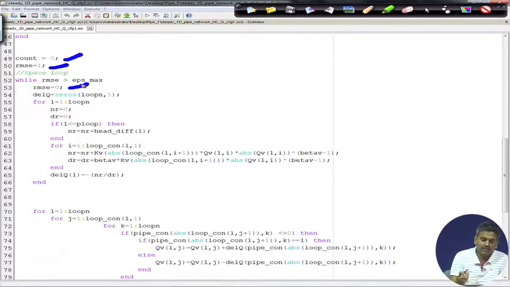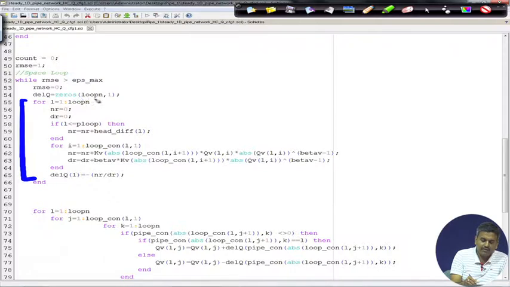RMS equals 0, del QL zeros loop n 1, that means for each loop I have specified one del Q. Now, this part is important for our calculation.